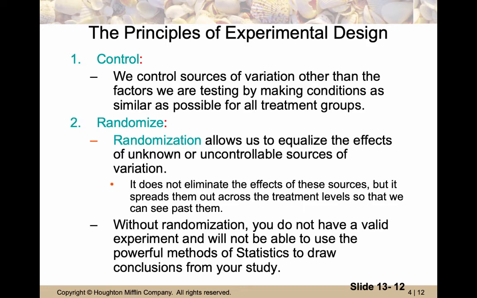So there are some principles of experimental design that we must employ. One is control. We control sources of variation other than the factors we are testing by making conditions as similar as possible for all treatment groups. So that's why they're taking one group of freshmen. They should be from one high school.